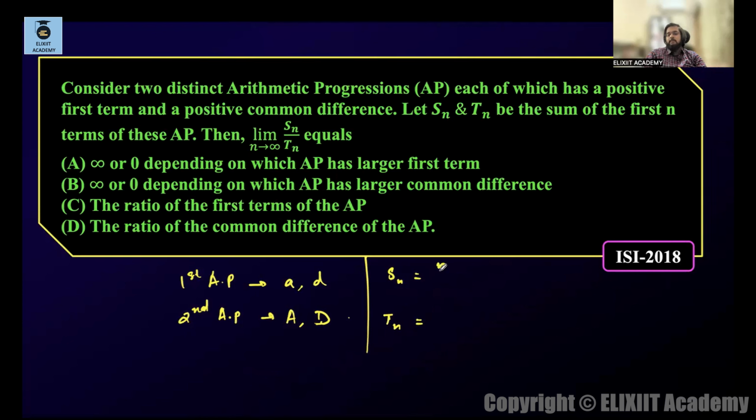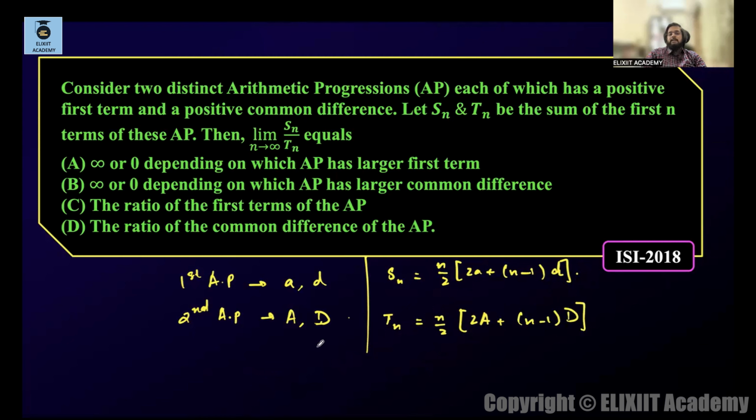So Sn is n by 2 times 2A plus n minus 1 times D, by the sum of n terms of the AP formula. And Tn is n by 2 times 2 capital A plus n minus 1 times capital D.